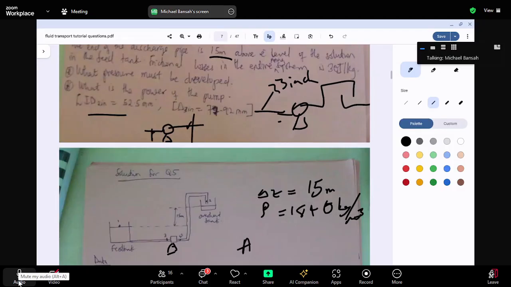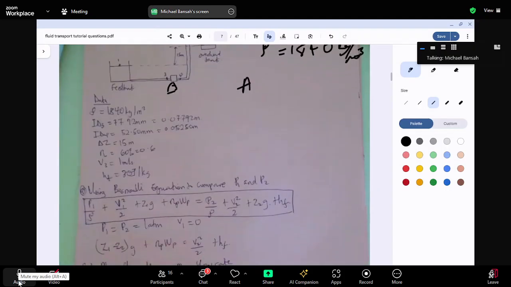So we want to find the difference. That is what we call developed, and I named them P1, P2. And the second question is, what is the power of the pump? To find the power, we have to find the work. That's one thing you have to know. Using the formula, power is equal to mass flow rate times the work of the pump.